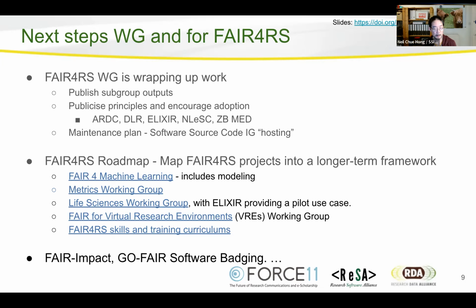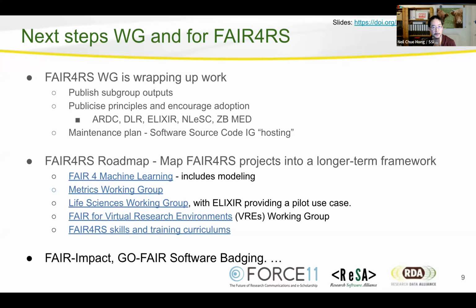Separate from that, there are two other things that I'll mention on what the next steps are for FAIR4Research software outside of the working group. One is the FAIR4Research software roadmap work that is being facilitated by the Research Software Alliance, which is spinning out a number of different activities, including FAIR for Machine Learning, working groups on metrics and life sciences, and FAIR for VREs, to examine the different additional working groups.